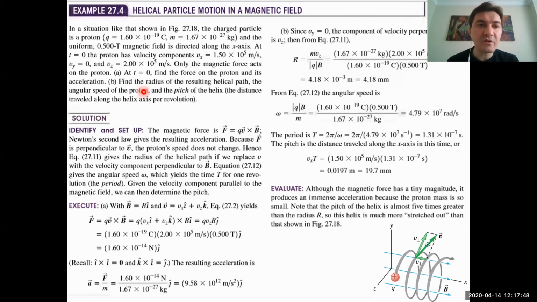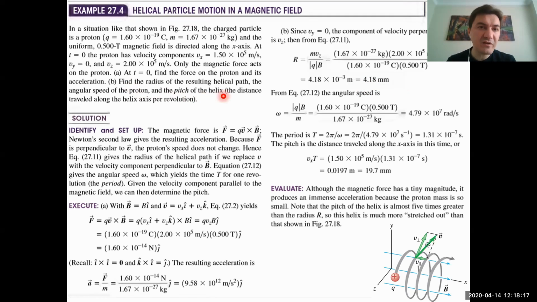And what is the second question? Find the radius of the resulting helical path. There is a radius here. For the radius, in the previous transparencies we found r equals m times v over qB. The radius is defined by the z velocity of the proton. m is known, velocity is known, q is known, B is calculated. Then the radius is 4.18 millimeters.